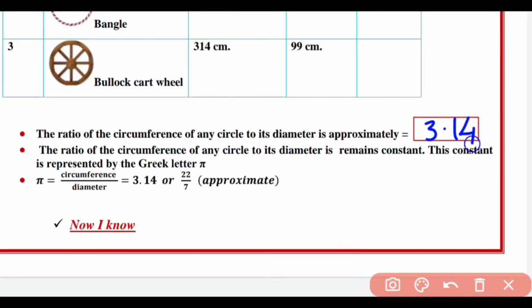The ratio of circumference of any circle to its diameter remains constant, and this constant is represented by the Greek letter pi. We all know pi, and pi means circumference upon diameter. Its value is 3.14 or 22 upon 7 approximately. So what do we know from this explanation?